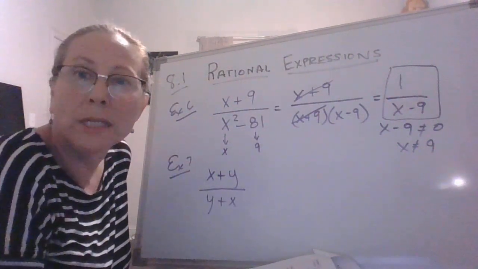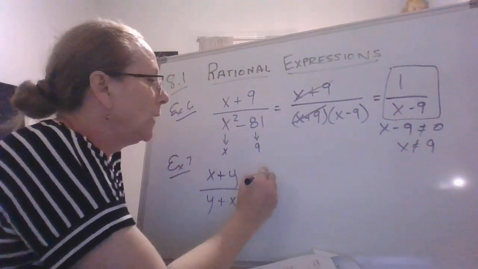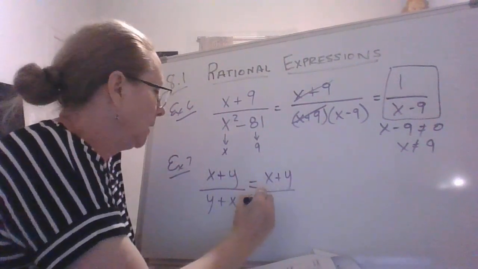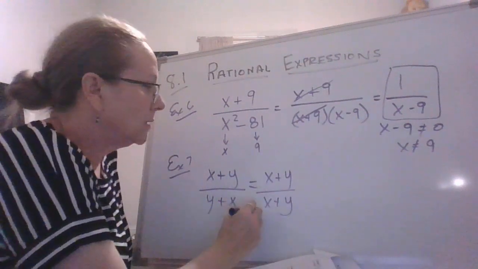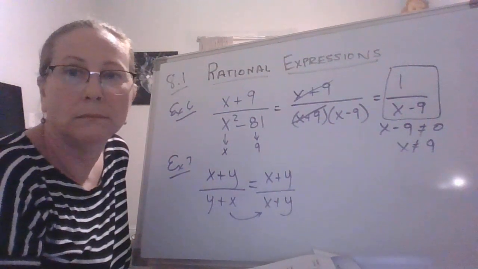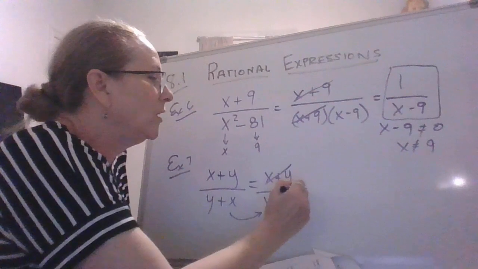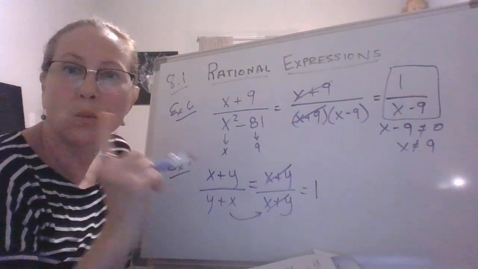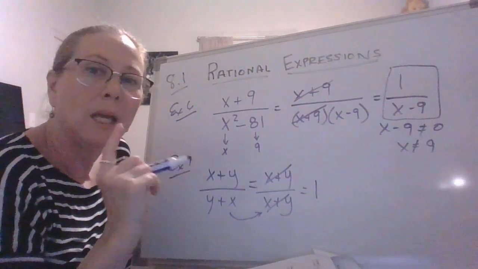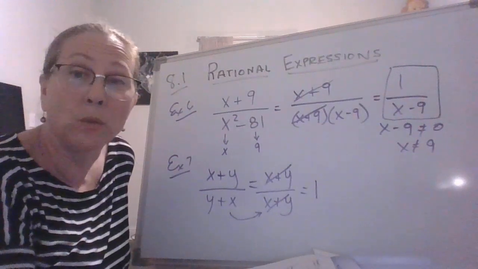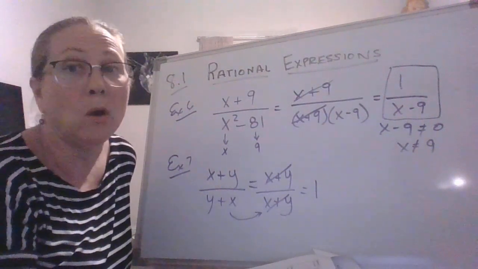Well, addition is commutative. So x plus y, this is equivalent. So they cancel, and our answer is just 1. Make sure you write it as 1. MyMathLab will count off if you write it as 1 over 1.